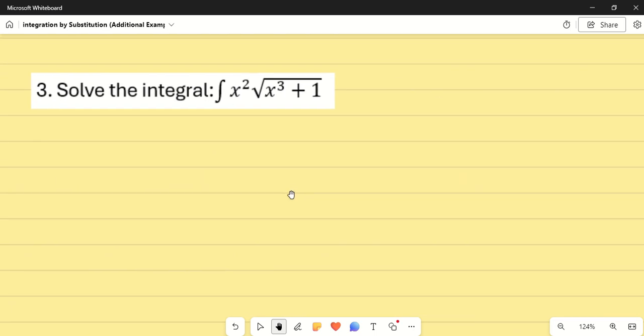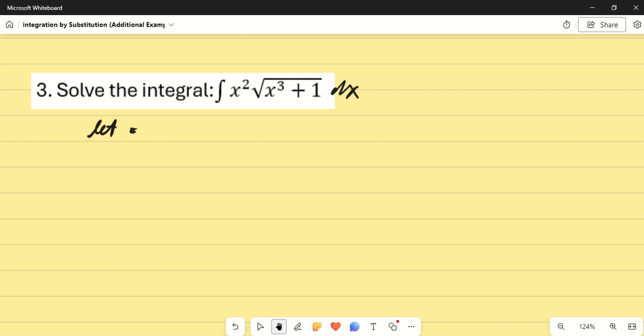this given. So here you are asked to solve the integral of x squared times the square root of x cubed plus 1. Then we need to write the dx here. Okay, so again, the first thing that we need to do is to identify your u.